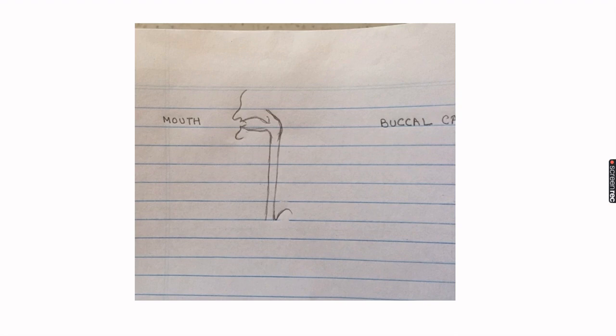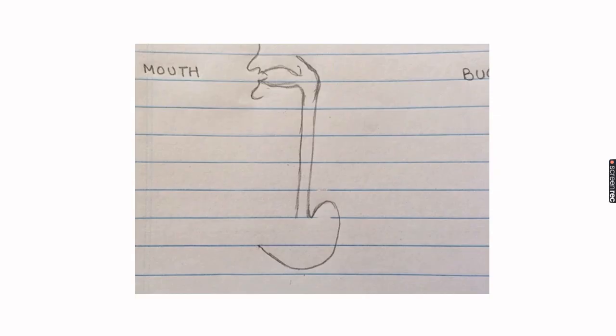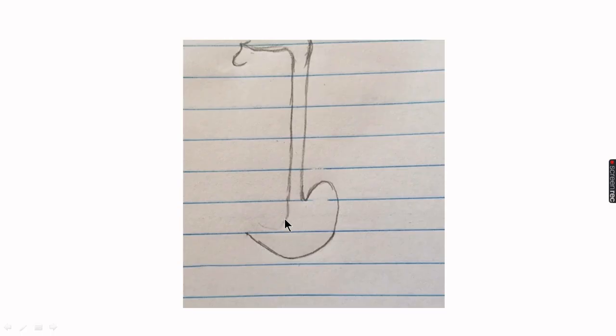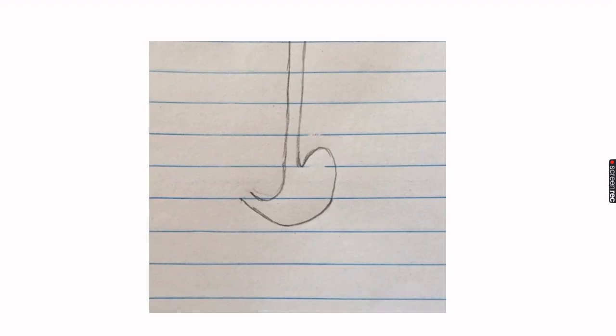After this it will come down making a C or J shape, and so this is our stomach. Now notice one thing, that the stomach starts from the top of this line, and it ends at the bottom of the same line, a little away from it. We will draw the other part of the stomach starting from here, and it comes up till here, which is the mouth of the stomach, which opens into the small intestine.